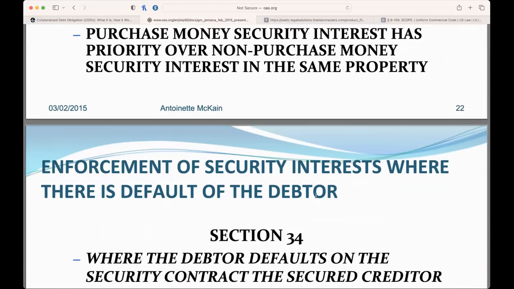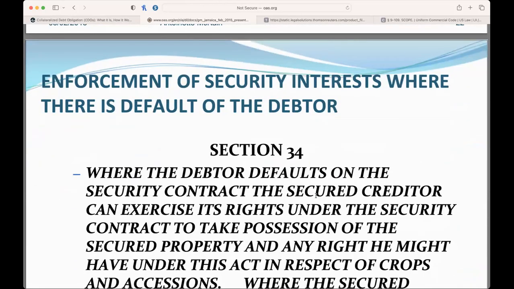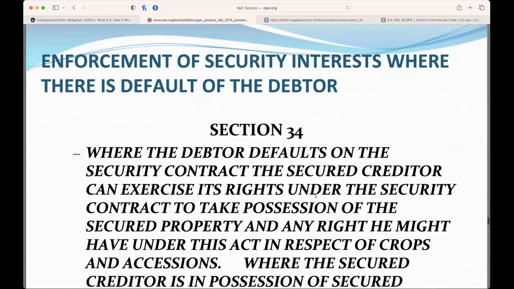Enforcement of security interest where there is default of the debtor. Section 34, where the debtor defaults on the security contract, the secured creditor can exercise its rights under the security contract to take possession of the secured property and any right he might have under this act in respect of crops or accessions.